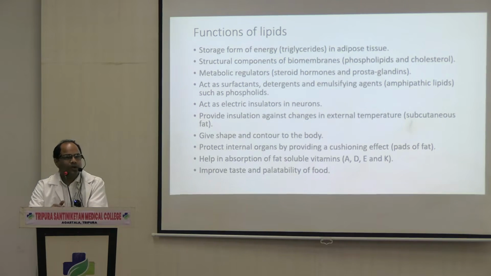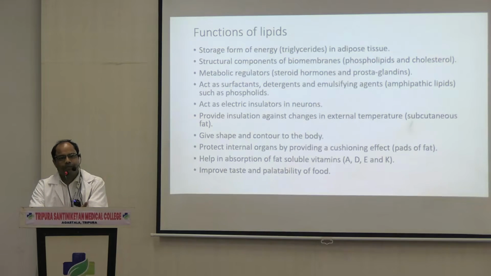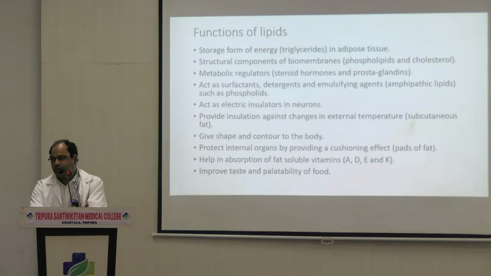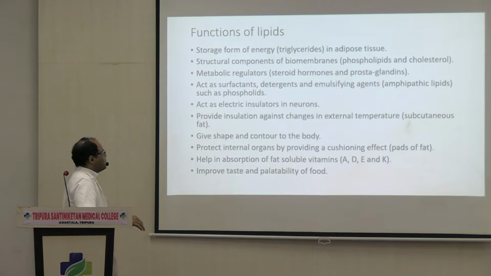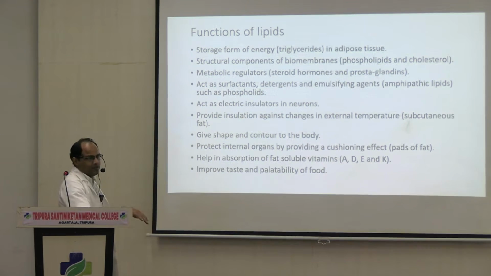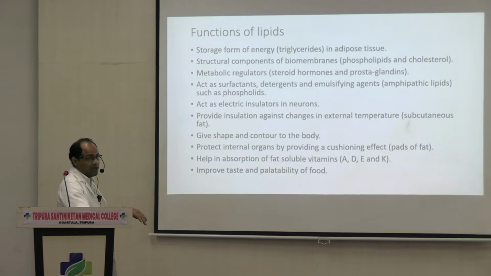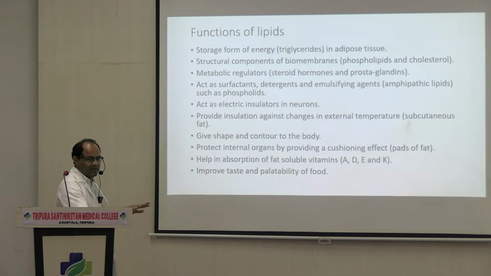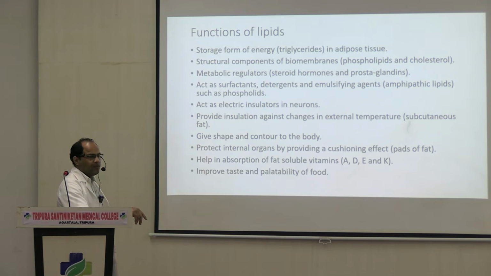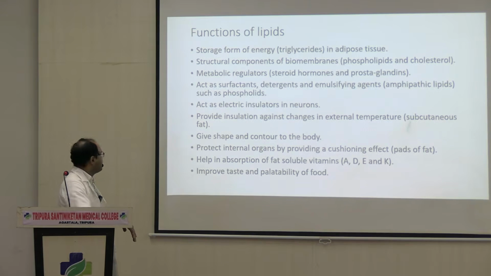The peritoneum has a lot of fat. They protect our internal organs. Okay? They give a good shape. For example, one sees a patient suffering from chronic malnutrition like cachexia. They look very ugly, no? So fat provides us a good shape of our body.